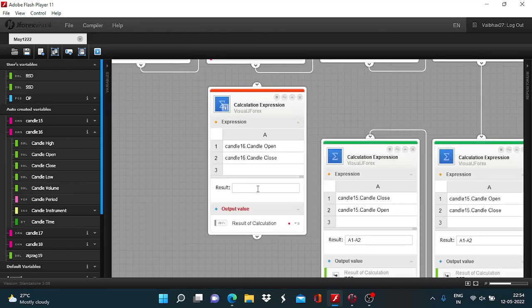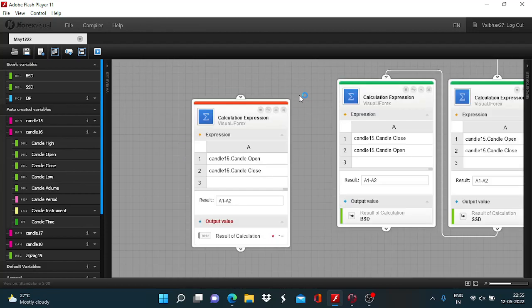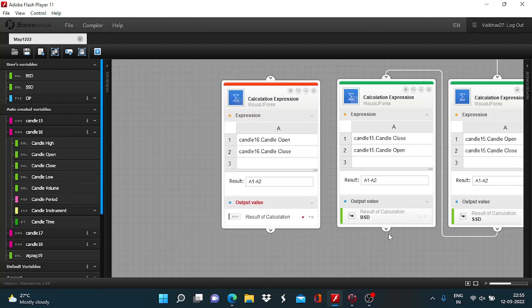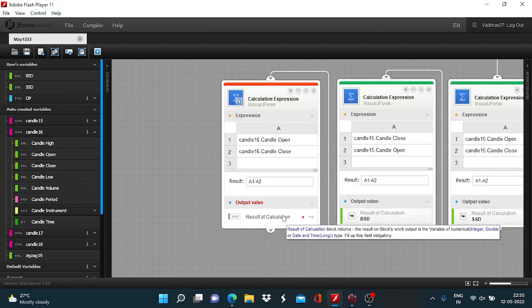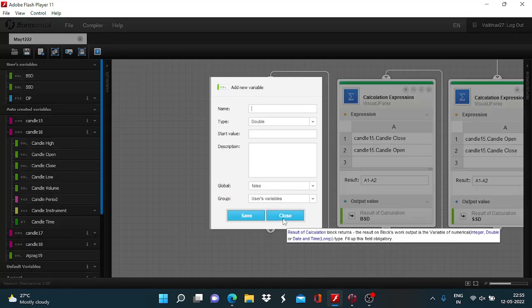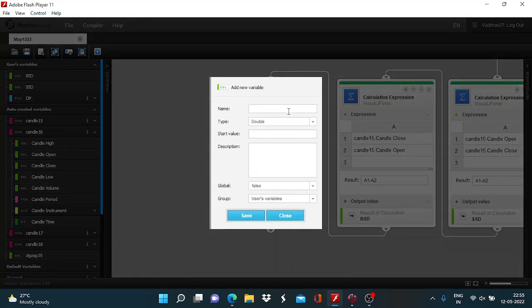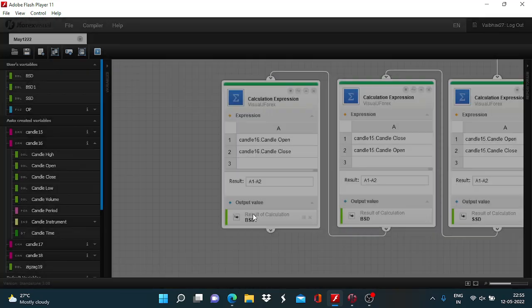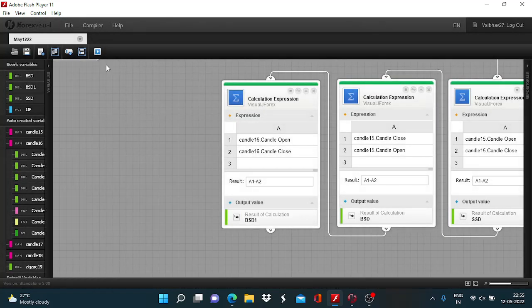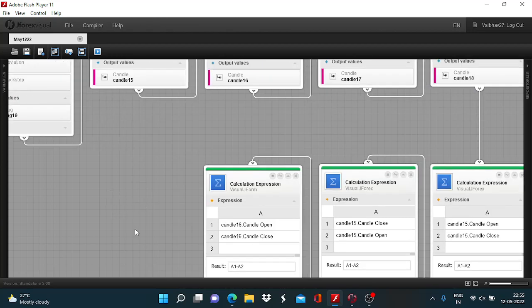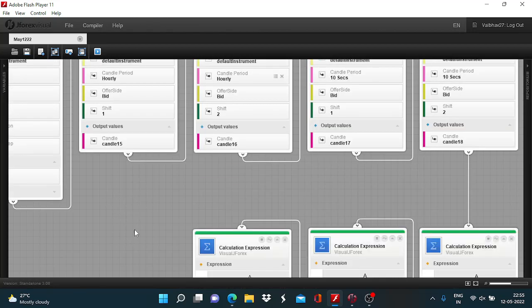So this is going to be A1 minus A2, and then we define the result of the calculation as BSD1. Okay, so we now have the actual difference of both these last two hourly candles.